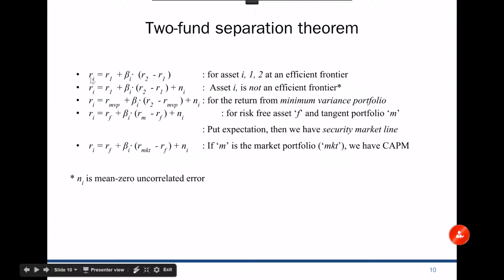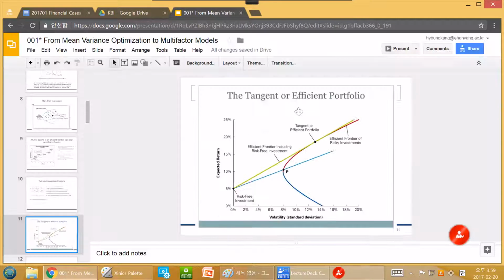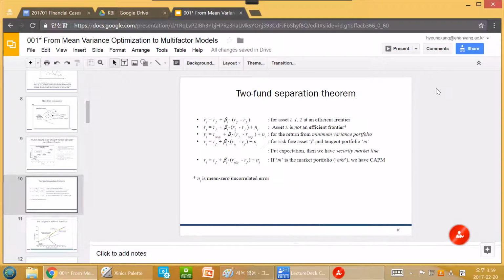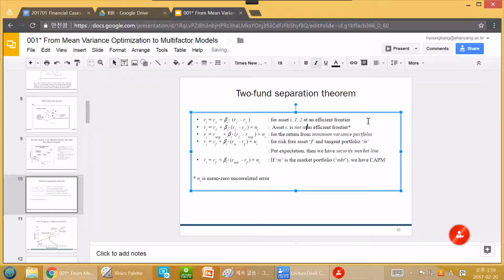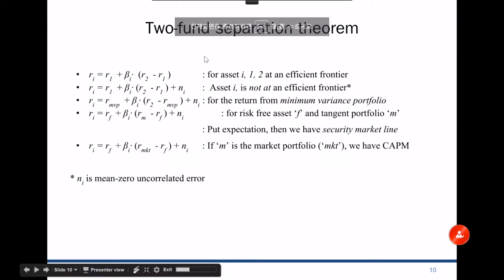And then suppose asset I is not on the efficient frontier. What happens? If a portfolio is not on the efficient frontier, then we have to add some noise.